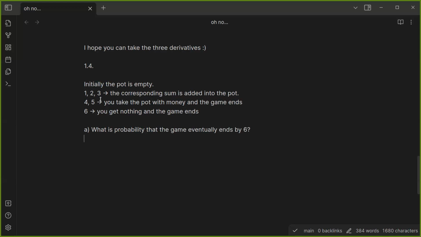I hope this question is very easy. How many possible final dice values do we have? What is the last value that may be on the dice?